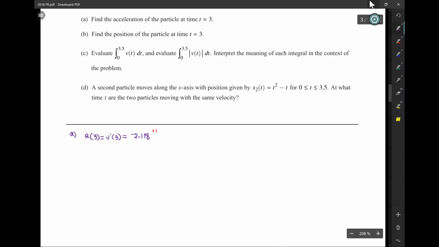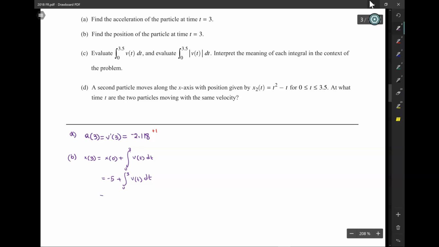That's it. B. Find the position of the particle at t equals 3. So now, you want x of 3. This is equal to x of 0 plus the integral from 0 to 3 of v of t dt. This is equal to -5 plus the integral.